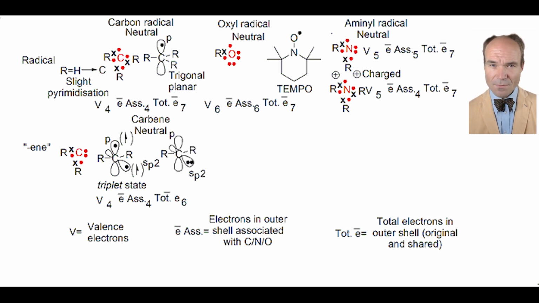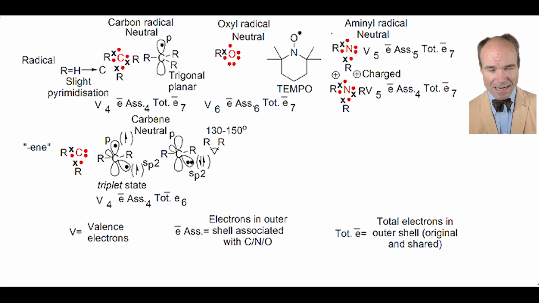The other form has 2 non-bonded electrons paired together and found in the sp2 orbital with an empty p orbital. The angle between the R groups is about 130 to 150 degrees, showing a clear spatial difference with the triplet. As the electrons are paired, they have opposite spins.